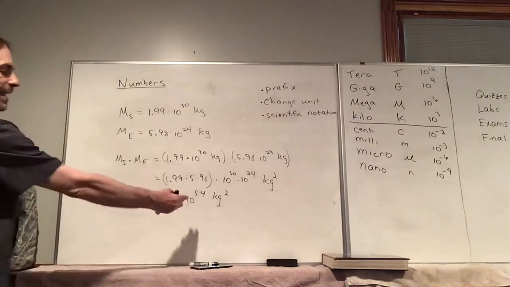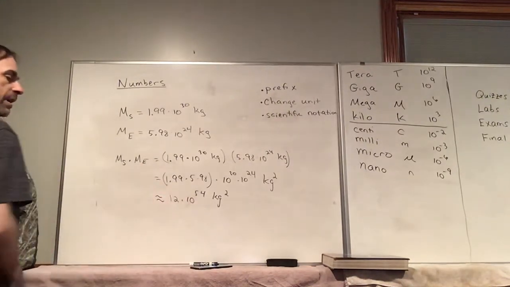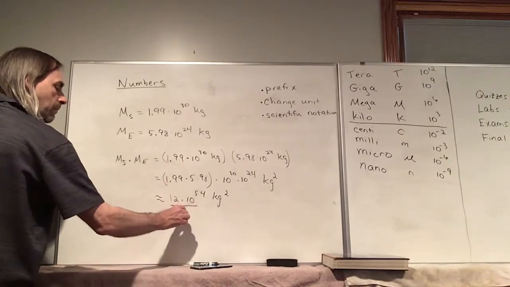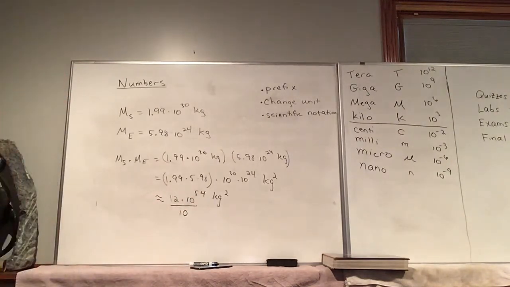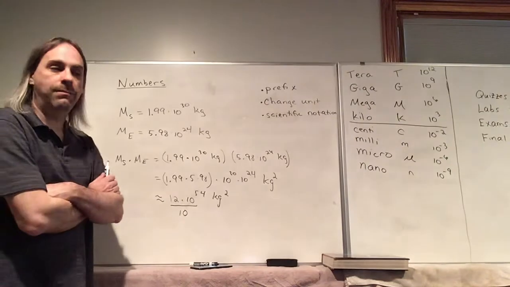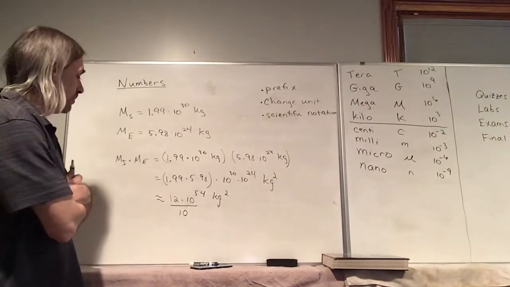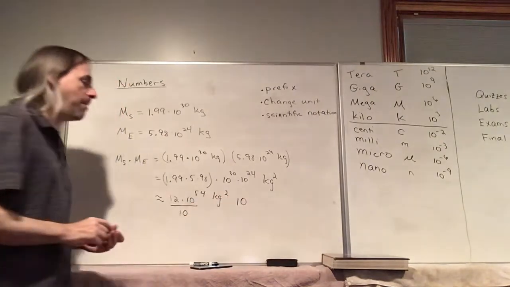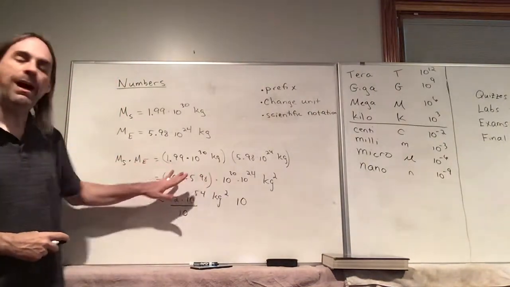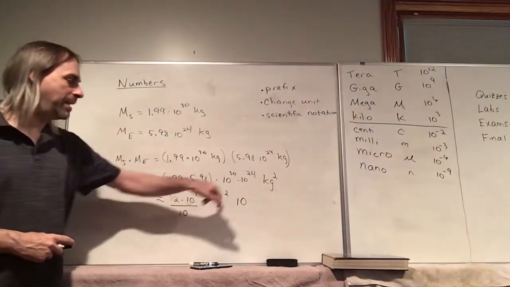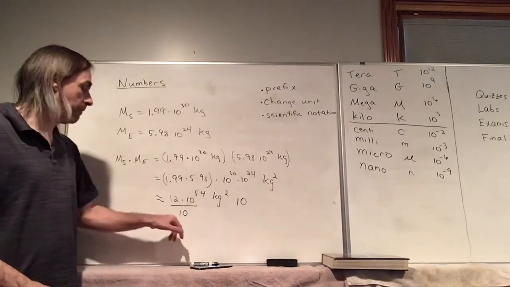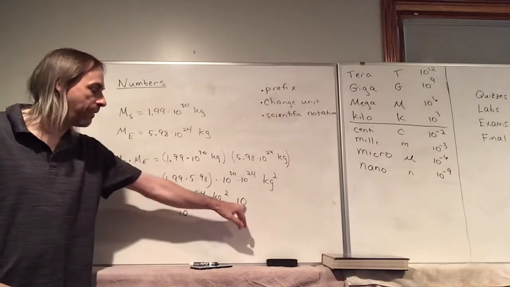In order to move the decimal point to the left, we have to divide this number by 10. The problem is if we divide this number by 10, we're changing it. So to compensate for that, let's multiply by 10. If we divide it by 10 and then multiply it by 10, we're not changing anything. These two operations undo each other.